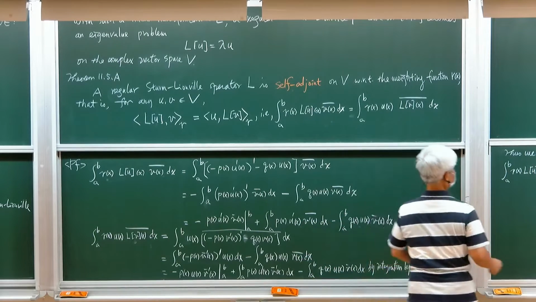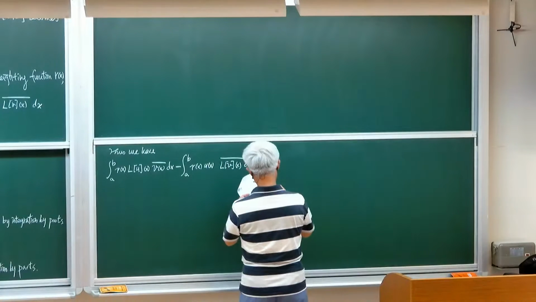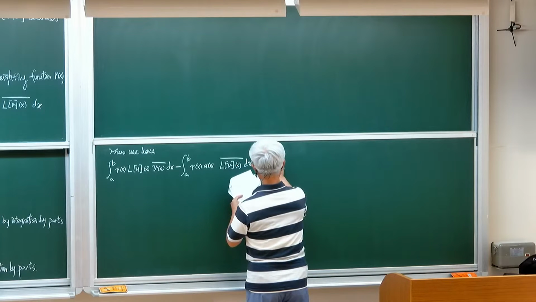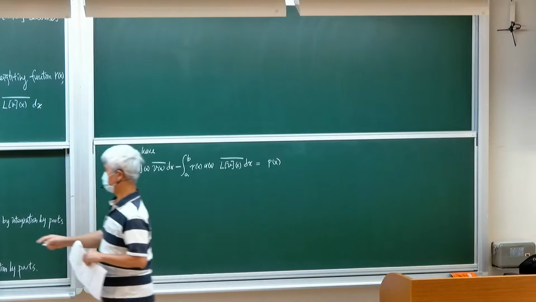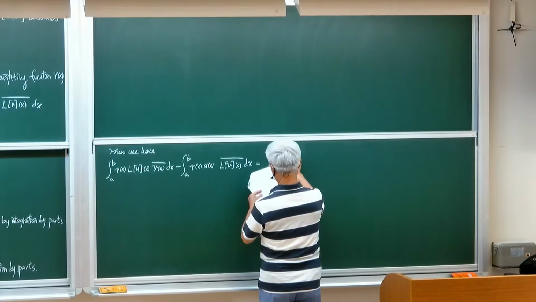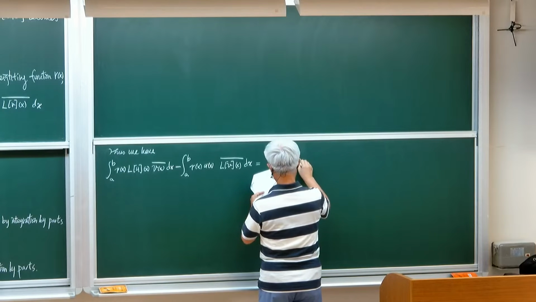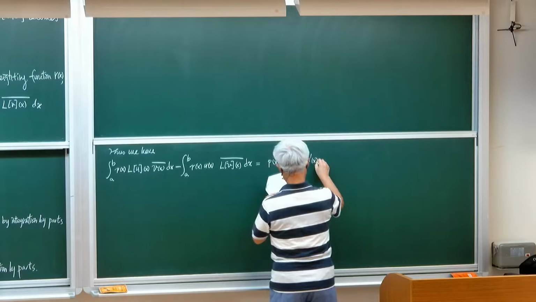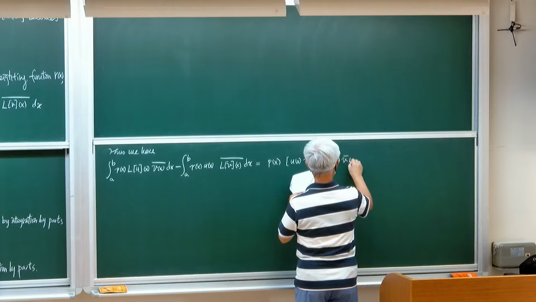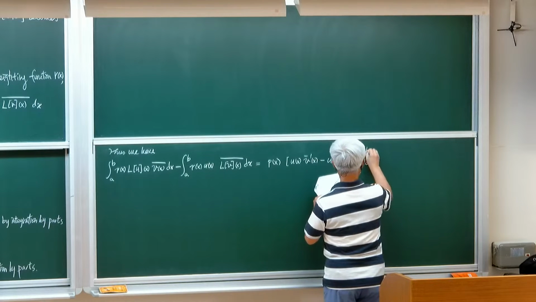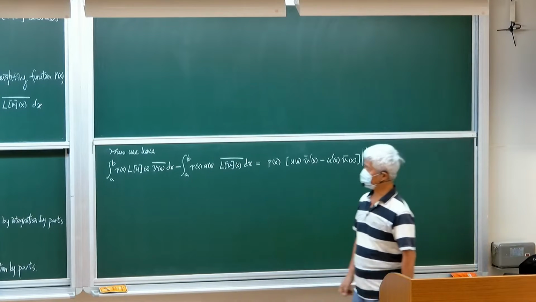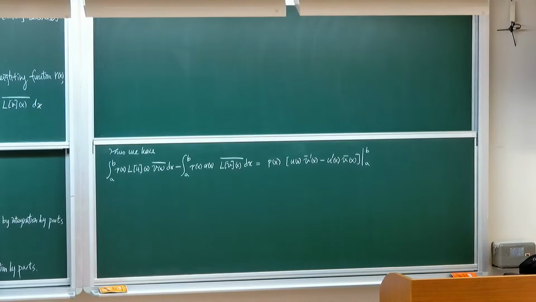And so we have P of x, u of x, v bar prime of x, minus u prime of x and v bar of x, evaluated at these two boundary points.